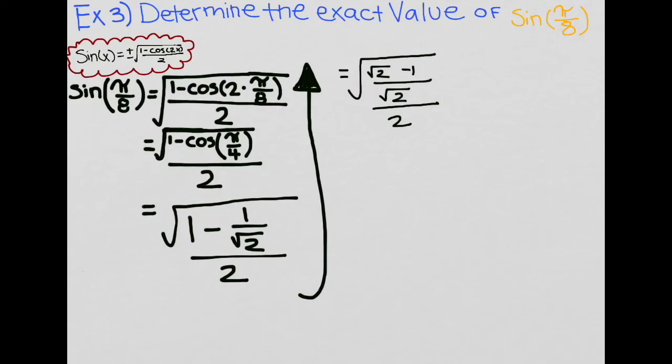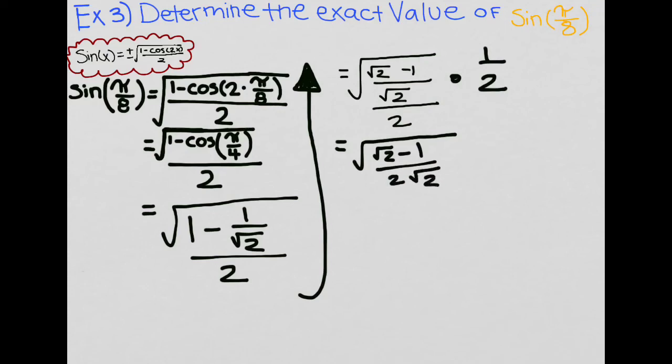I will show that with ink, and that ultimately will simplify to the square root of (2 minus 1) over 2 square root 2. And that's the answer.